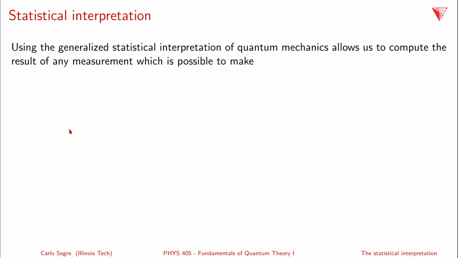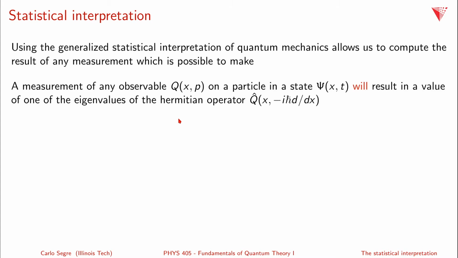So, the statistical interpretation, we want to talk about what's called the generalized statistical interpretation. And this generalized statistical interpretation allows us to compute the result of any measurement which we can make physically.